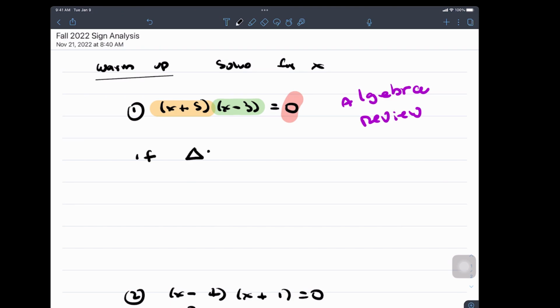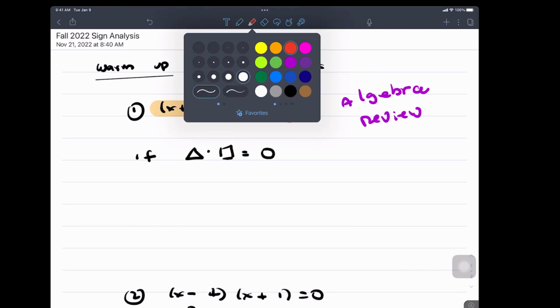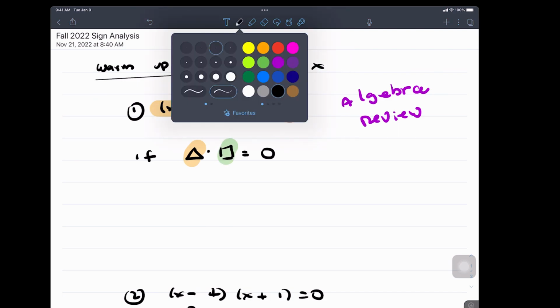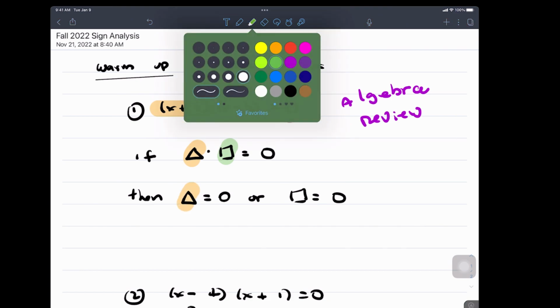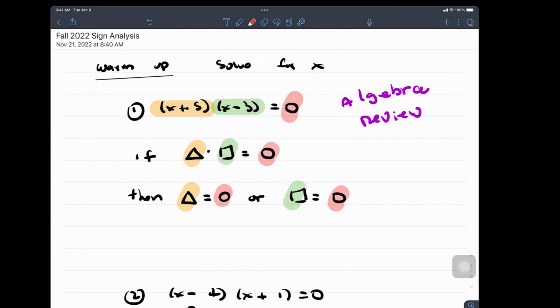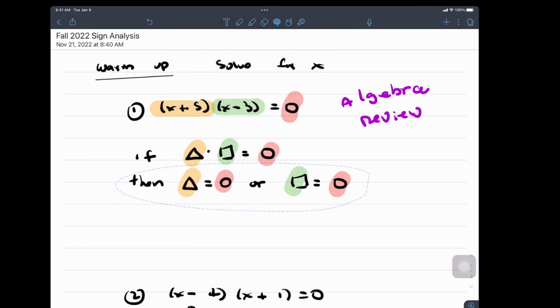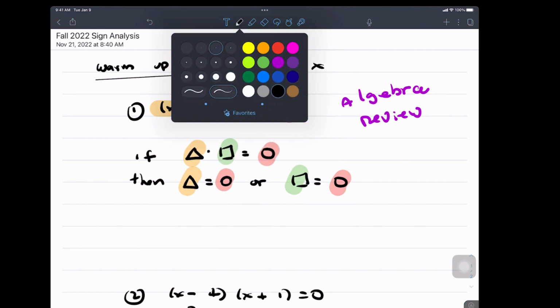I'm going to describe it to you. If you have the product of two things and it equals 0, first thing times the second thing, then what does this mean? It means the triangle is 0 or the square is 0. This is the name of it. What was this called?